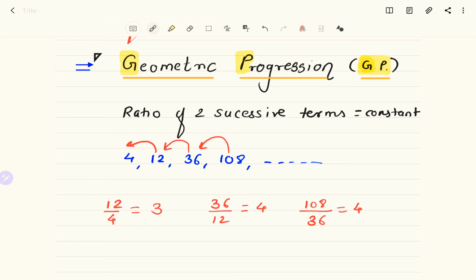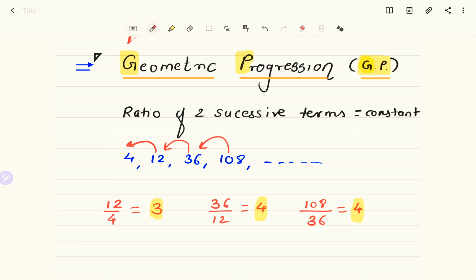So what is your observation? If you take the ratio of two successive terms, and I'm talking about successive, not any random terms, friends, just divide two successive terms. 12 by 4, the ratio is 3. 36 by 12, the ratio is 3. 108 by 36, the ratio is 3.